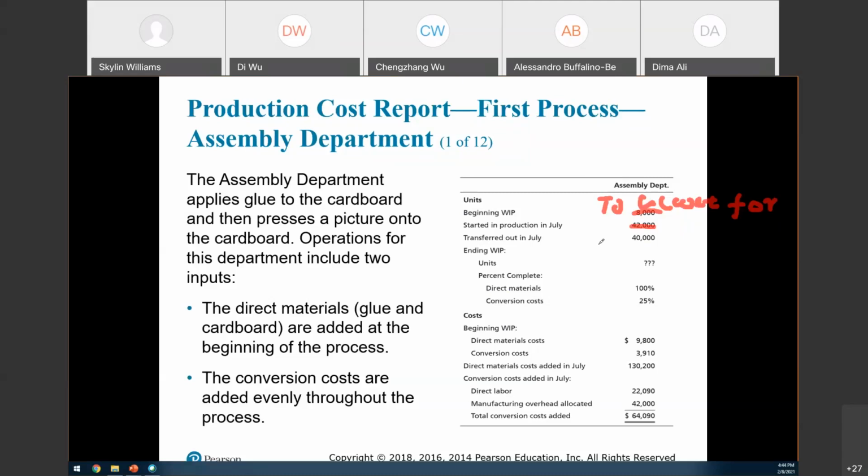In this accounting period, we know the transferred out is 40,000 units. 40,000 units plus the question mark equals 50,000 units, or to account for.